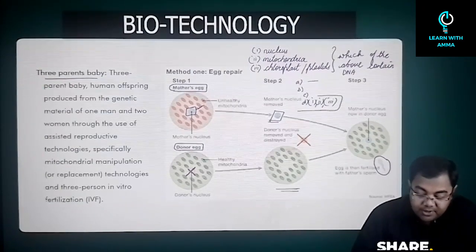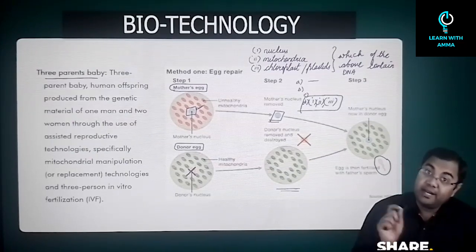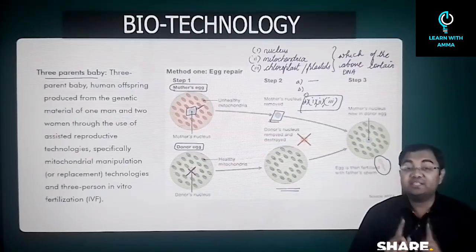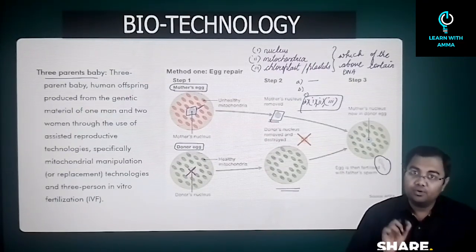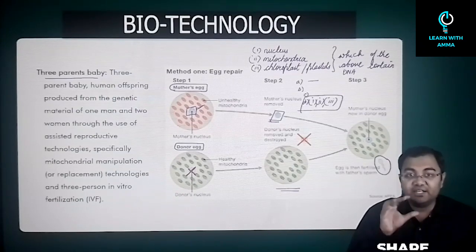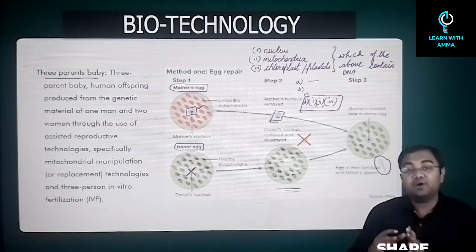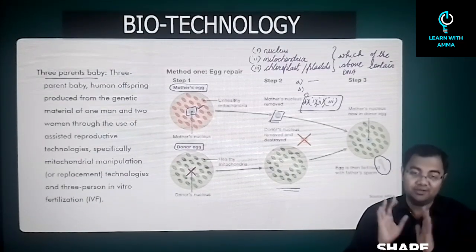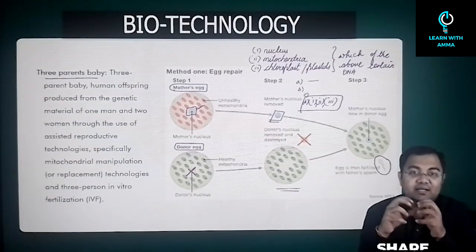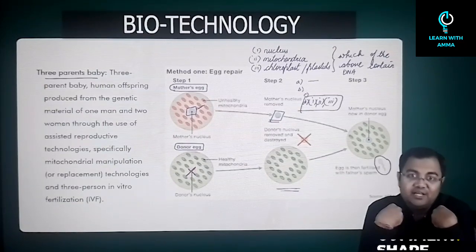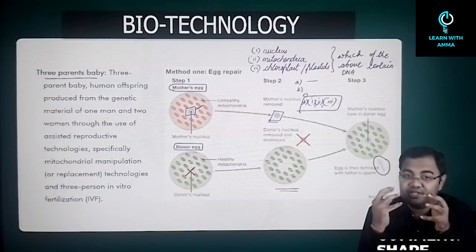So what you should remember is that nucleus does contain genes, but at the same time mitochondria also contains genes. But there is a difference between the genes of mitochondria and the genes of the nucleus. What is the difference? The nucleus contains specific properties of that individual, and mitochondria contain general properties of all the individuals of a particular species. What do I mean? Let's say if I talk about my nucleus, the genes in my nucleus would have specific characteristics of me.